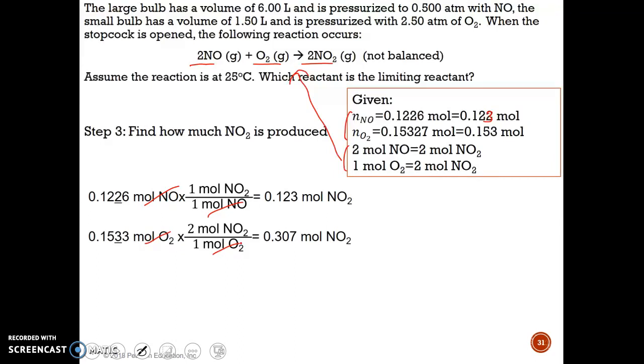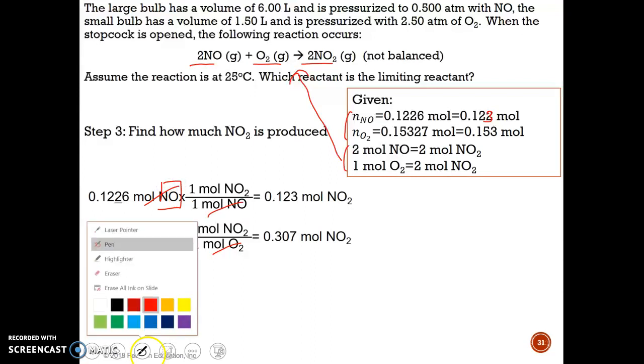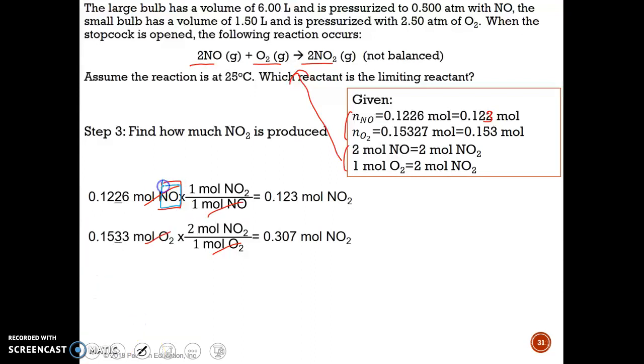So the one that's going to run out first is NO. Okay. So NO is our limiting reactant. That means no matter how much extra oxygen there is, we will only form the max amount of NO2, 0.123. So oxygen is in excess.